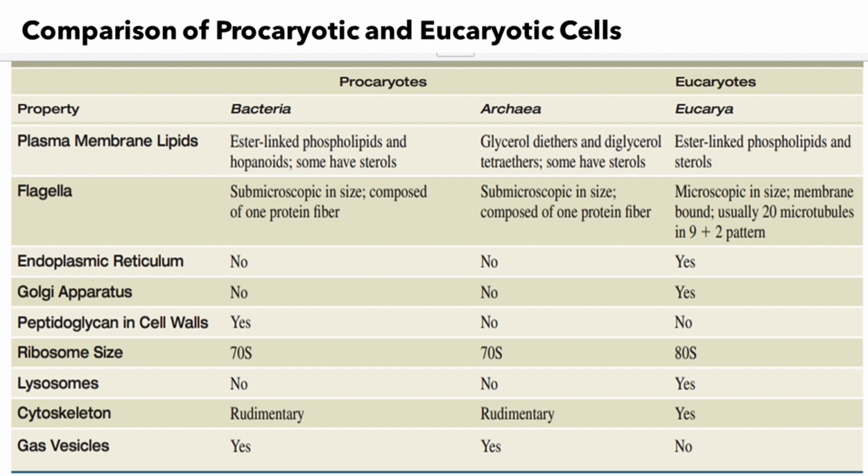Lysosomes. Absent in both bacteria and archaea, present in eukarya. Cytoskeleton. Rudimentary in both bacteria and archaea, present in eukarya. Gas vesicles. Present in bacteria and archaea, absent in eukarya.